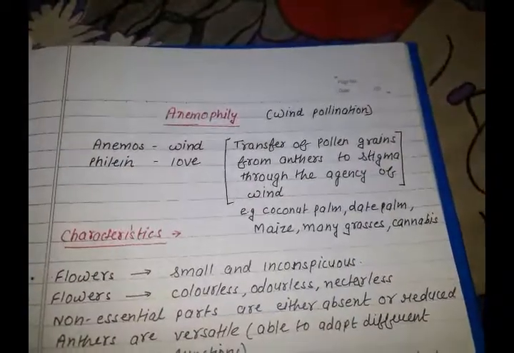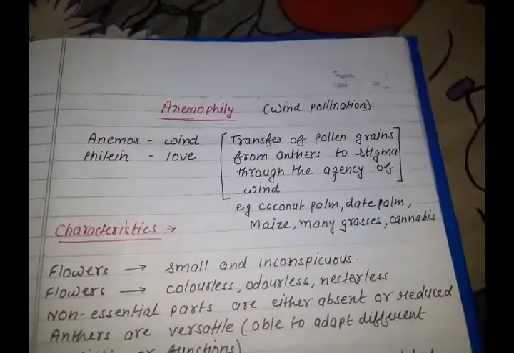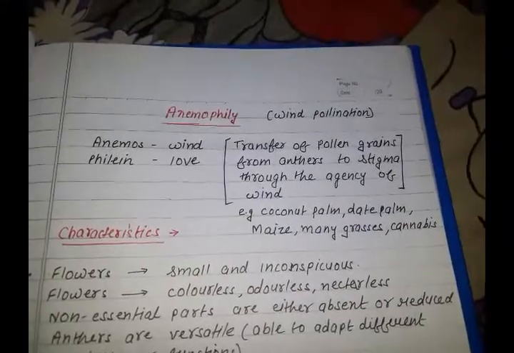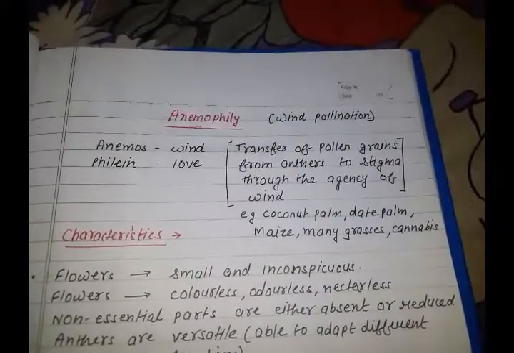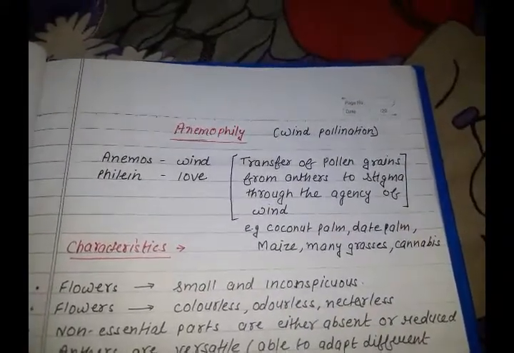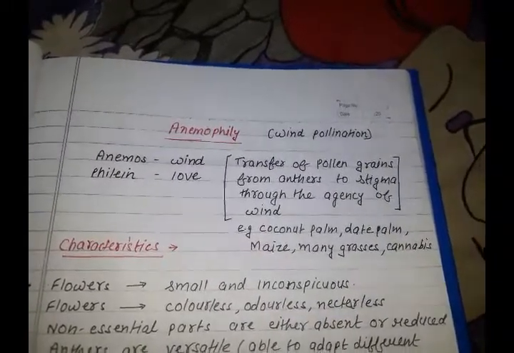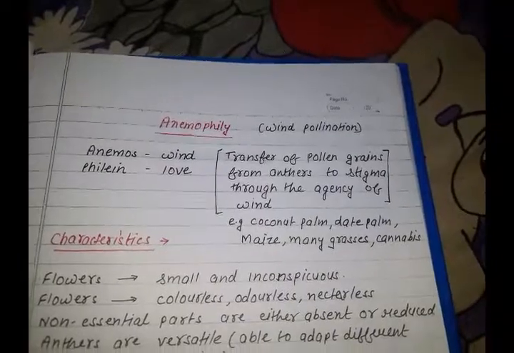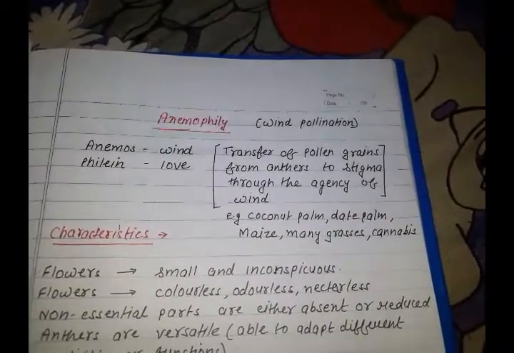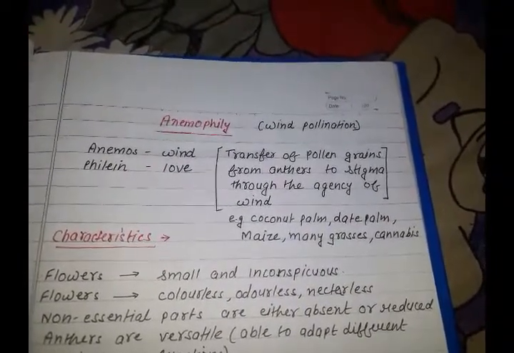Good afternoon, students. In the last video, we discussed cross pollination. Cross pollination is the transfer of pollen grains from anthers of one flower to the stigma of a genetically different flower.